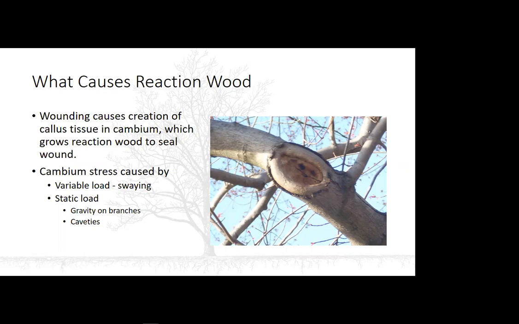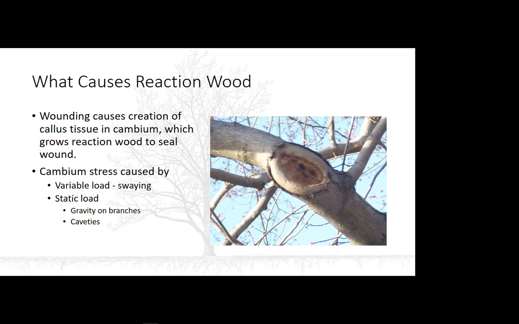And so these are the cells the cambium produces at the edge of that wound. And as the tree grows more and more wound wood, that hole in the cambium is going to get smaller and smaller, and eventually that callus tissue will go away as the tree finally seals over the wound.